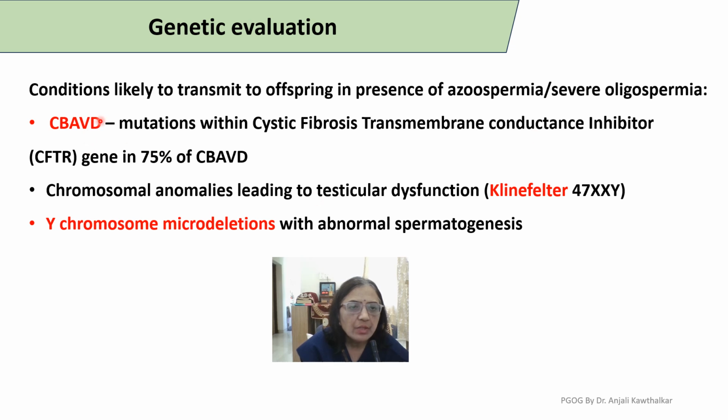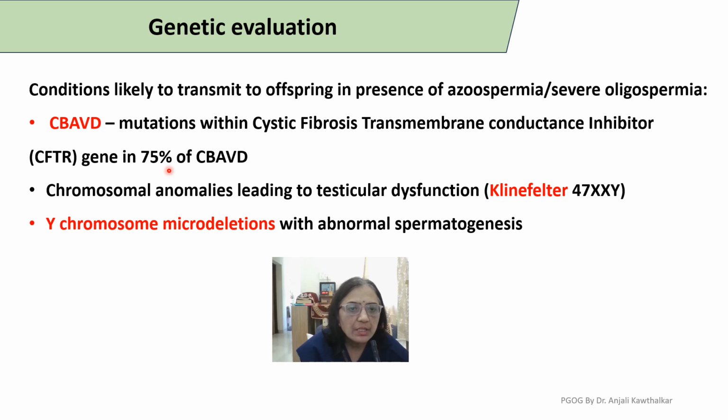Genetic evaluation is done especially for conditions likely to be transmitted to the offspring in the presence of azoospermia or severe oligospermia. For identification of these conditions, we do genetic evaluation. If there is congenital bilateral absence of vas deferens, look for mutations within the cystic fibrosis transmembrane conductance regulator, called CFTR.